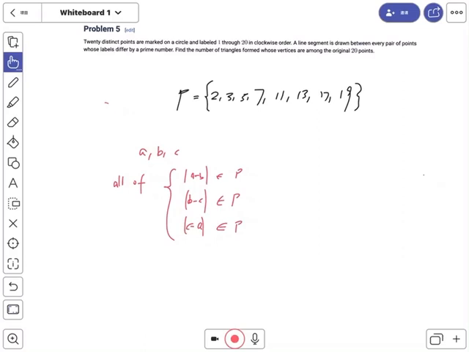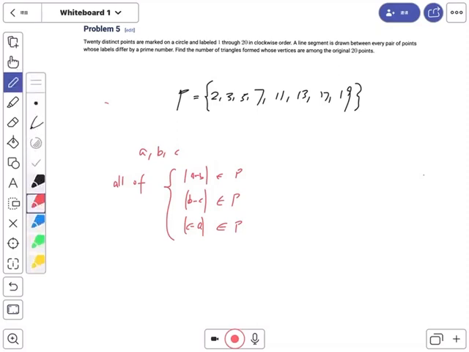So now, can 3 numbers all have a difference of 2? No, it's not possible. So we must have 2 numbers with an odd difference, at least one pair. Let's say all 3 pairs have an odd difference.